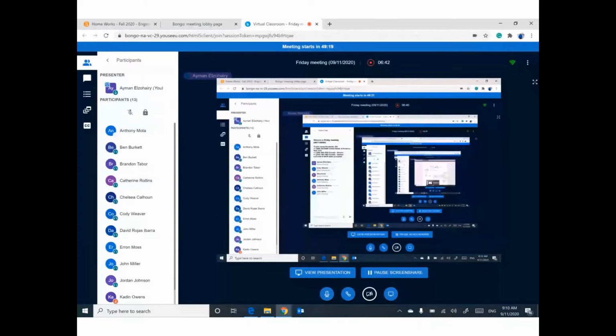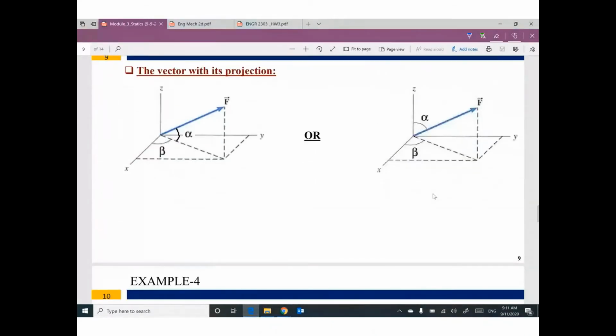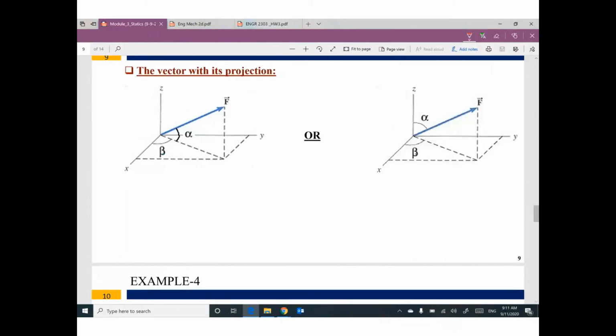Okay, all of this stuff we covered last time. The new topic today, we have something different. We have angles, but these angles are not between the force and x, or between the force and y, or between the force and z. No, it's something different.